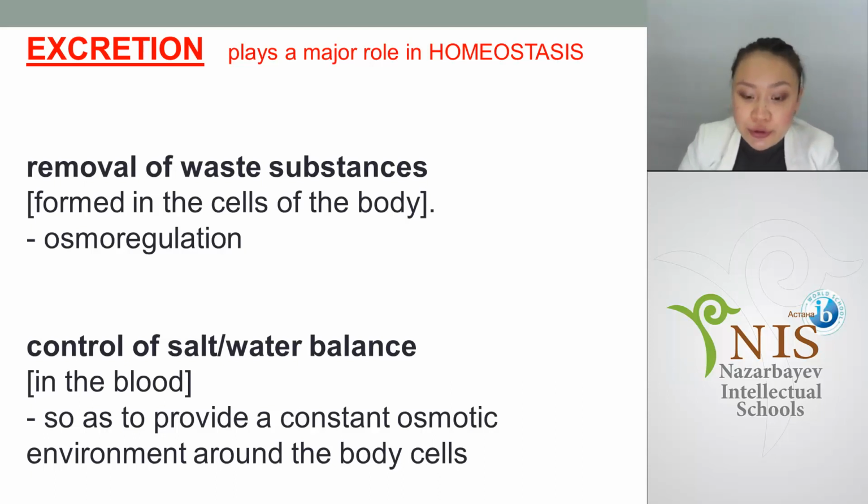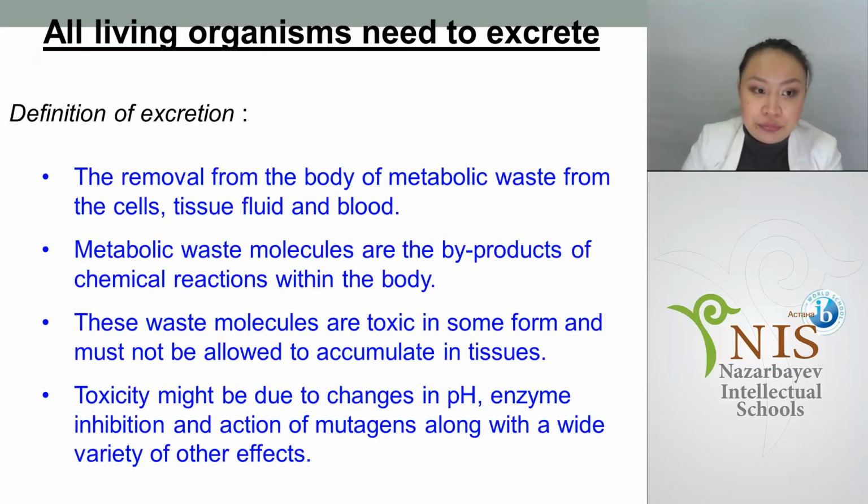Osmoregulation is the control of salt-water balance in the blood, so as to provide a constant osmotic environment around the body cells. All living organisms need to excrete. Definition of excretion: the removal from the body of metabolic waste from the cells, tissue, fluids, and blood.